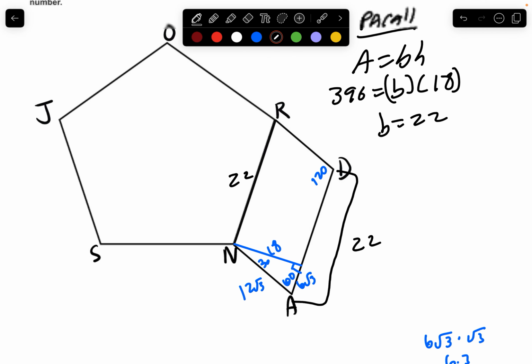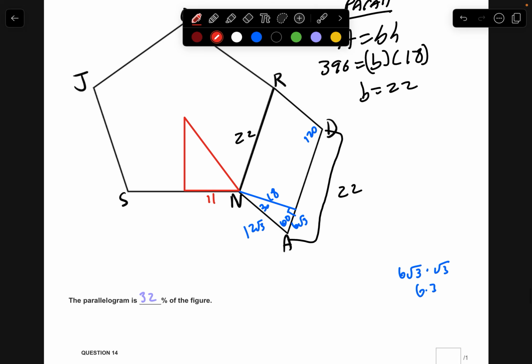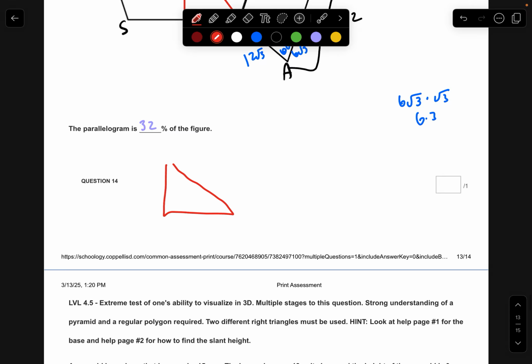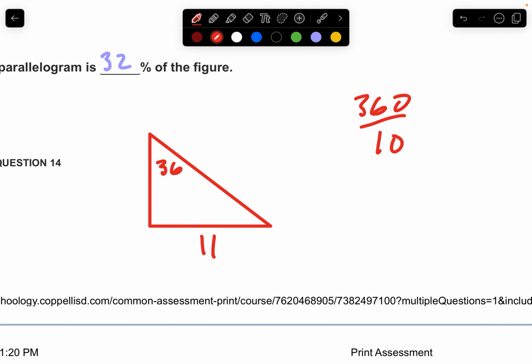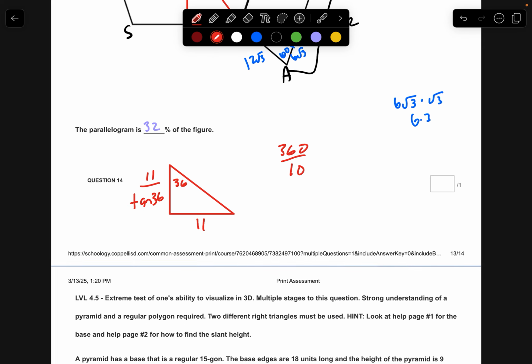Now we got to work on the pentagon part. Pentagon, like any other regular polygon, we're going to draw and use that right triangle, where this would be 11. I'm going to go do that work somewhere else. Over here, we have a side that's 11. For every pentagon, we do 360 divided by 10, which would make this 36. We do our trig. This would be 11 over tan 36.